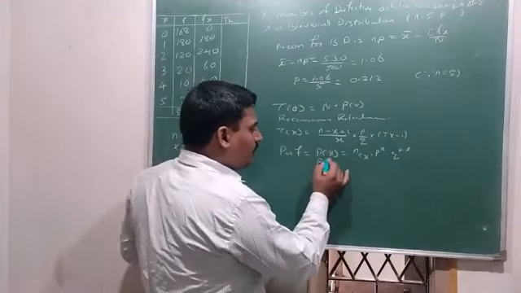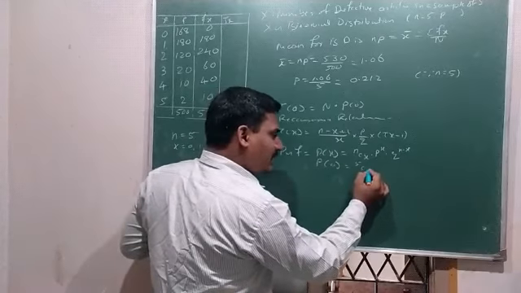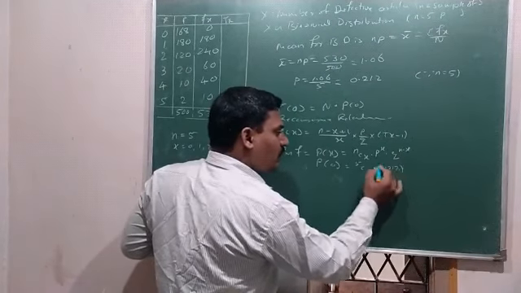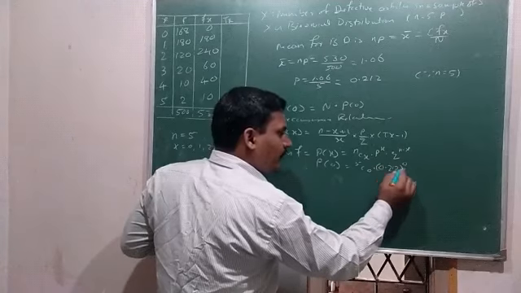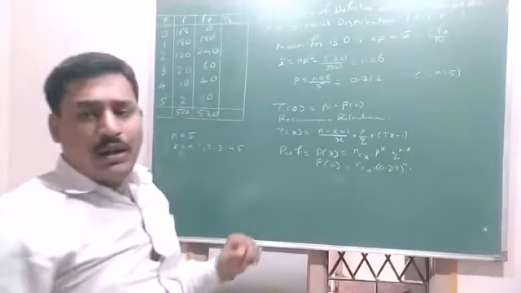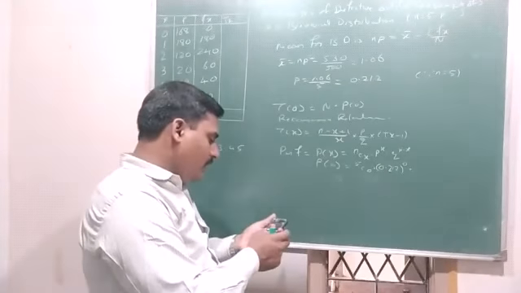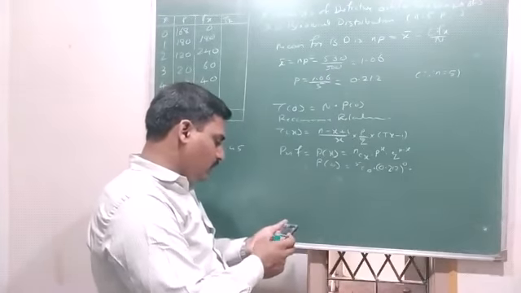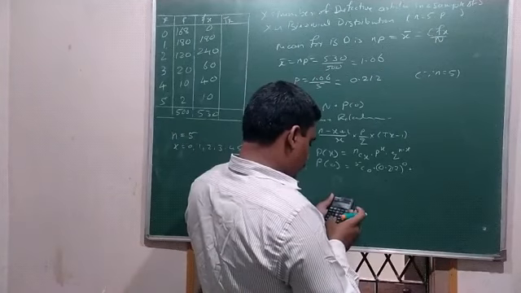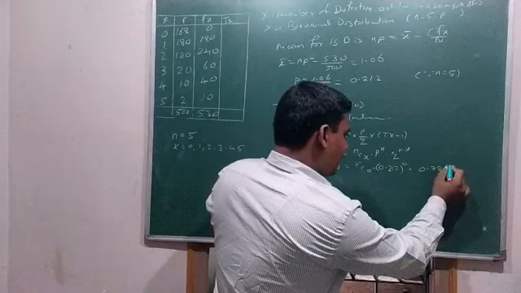So P of 0 is equal to 5C0 into 0.212 raised to 0 into Q raised to 5 minus 0, where Q is 1 minus P, so 1 minus 0.212 is equal to 0.788.